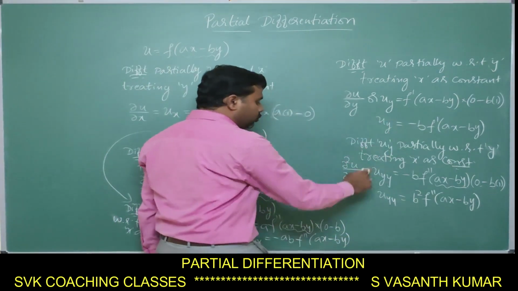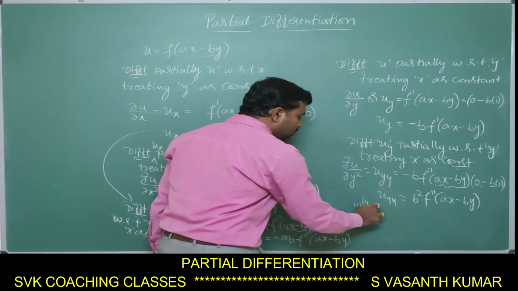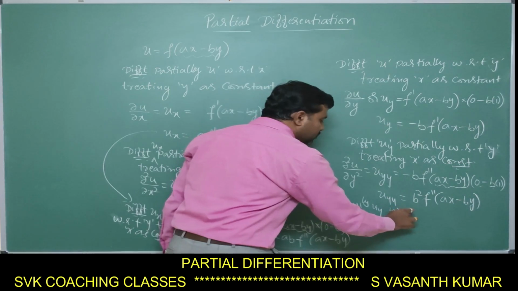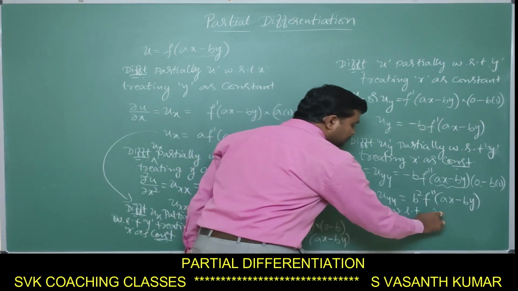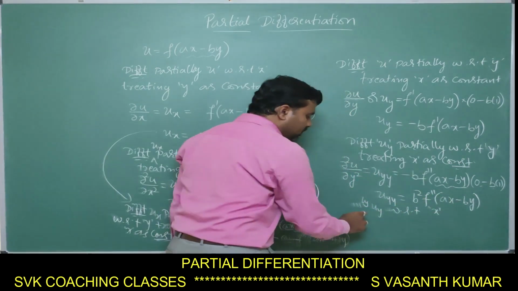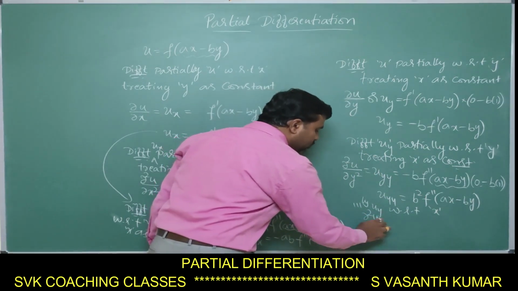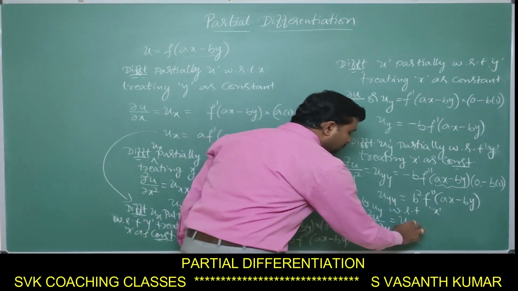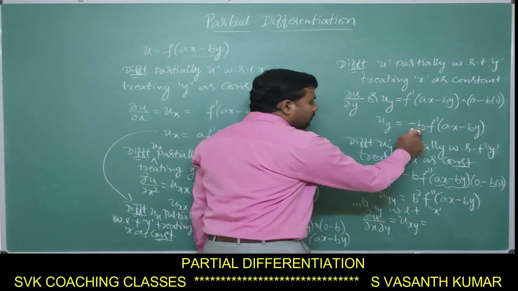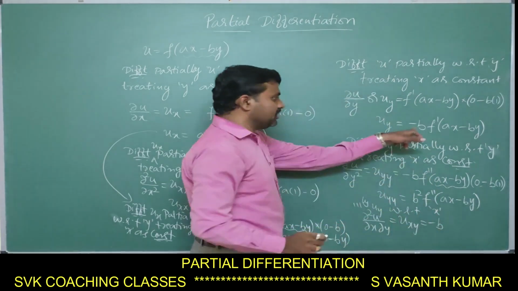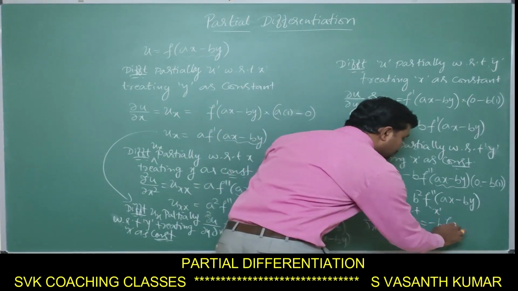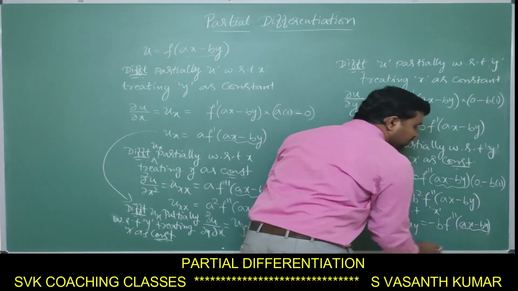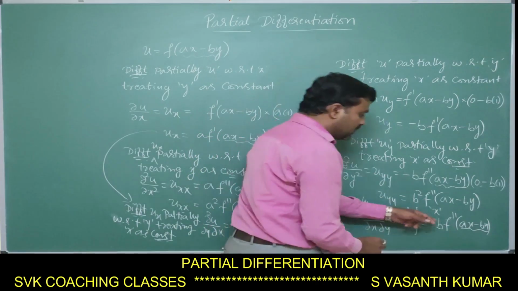Similarly, if you differentiate uy with respect to x, what are you going to get? So del square u by del x del y, which is nothing but uxy, is equal to: minus b is constant, the derivative of f dash is f double dash of ax minus by into the derivative of ax minus by with respect to x, treating y as constant.